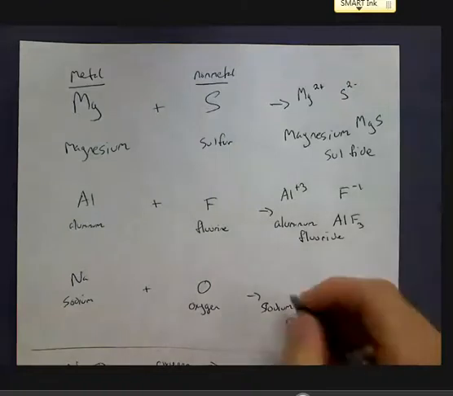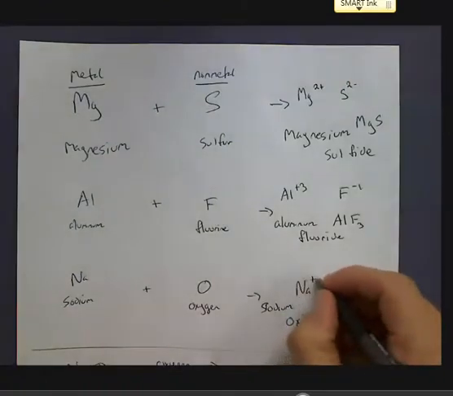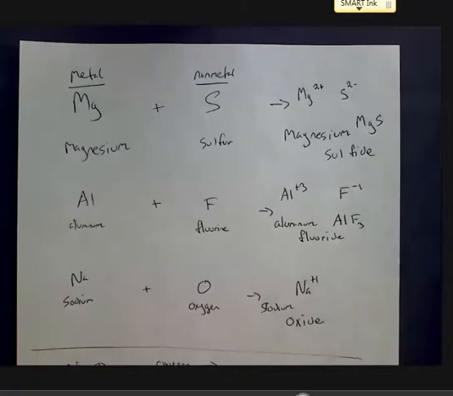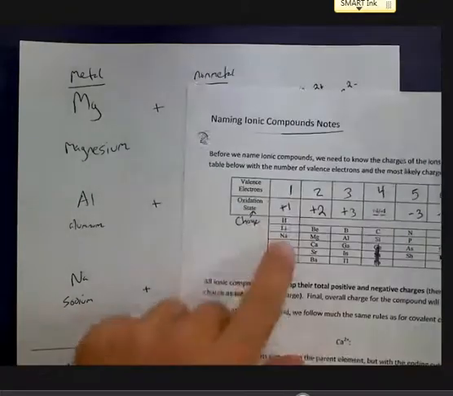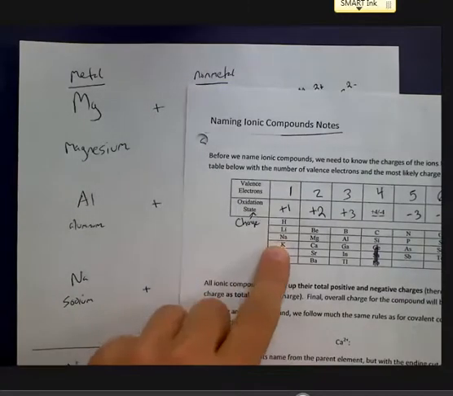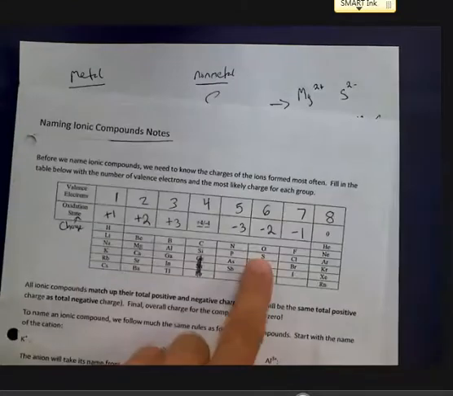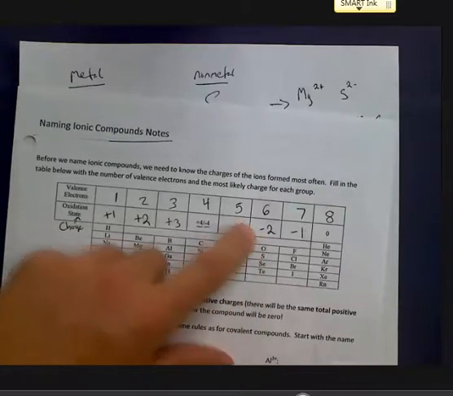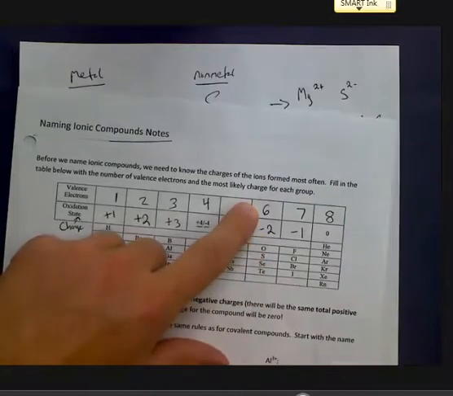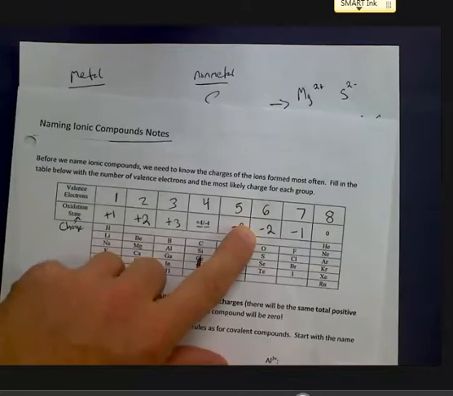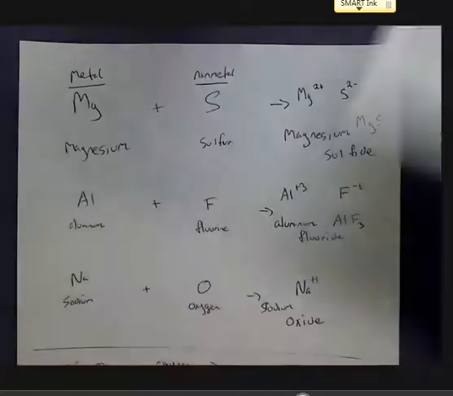Take a look down at the bottom. Na, sodium, wants to be a +1. We know that it's got 1 valence electron, so it's going to lose its 1 valence electron and end up being a +1. Oxygen and sulfur are both in the same group, so they both have 6 valence electrons. When they react, they're going to try and gain 2 more and end up being a -2.